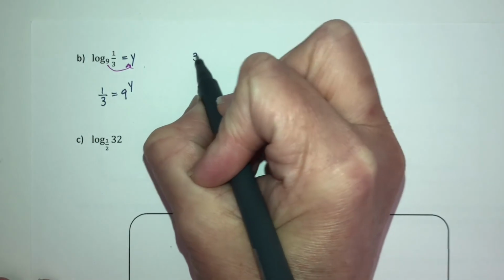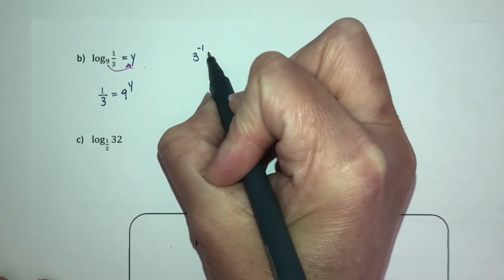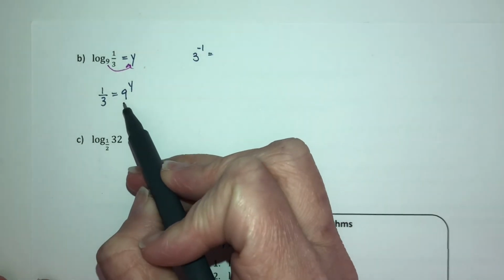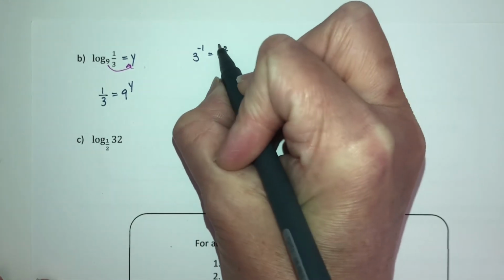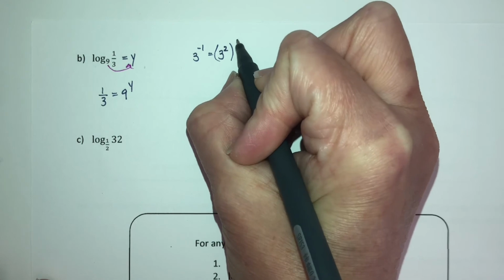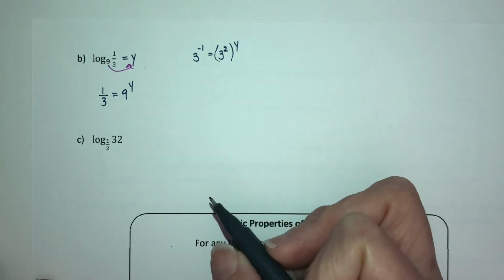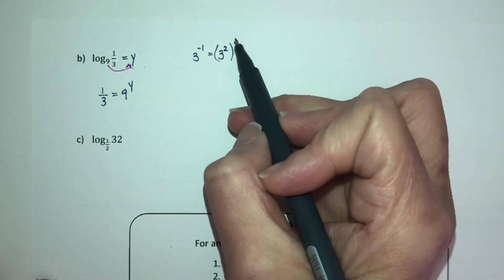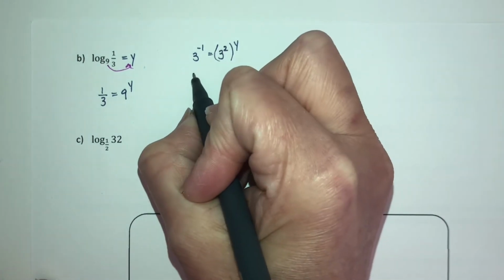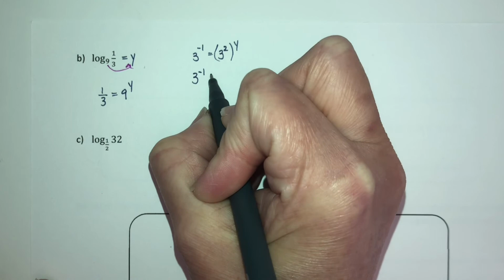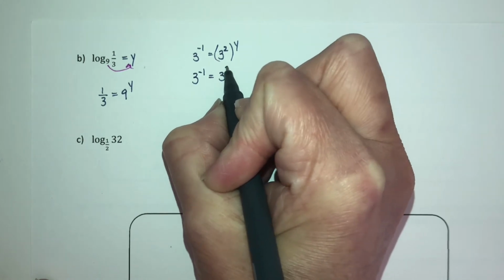It is the same thing as 3 to the negative 1 power. And I can write 9 as 3 squared. So I have 3 squared raised to the y power. Now one of our exponent rules is that if you have a power raised to a power, you can multiply those together. So I have 3 to the negative 1 is equal to 3 to the 2y.